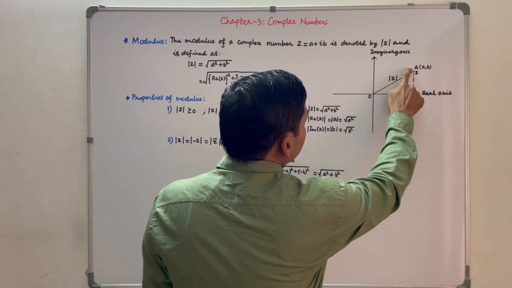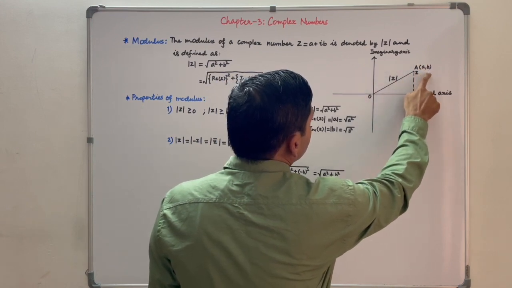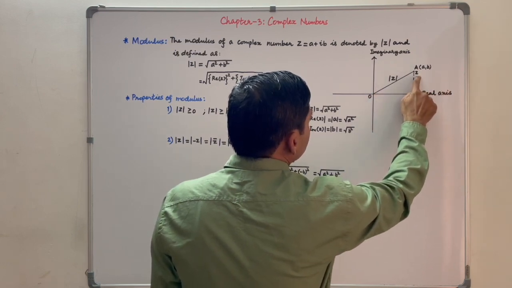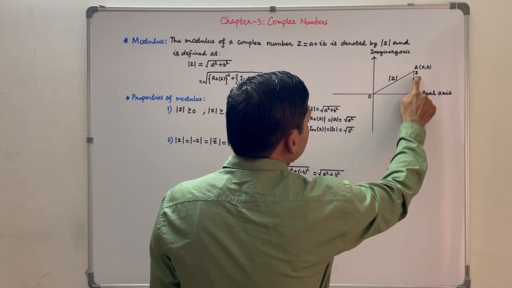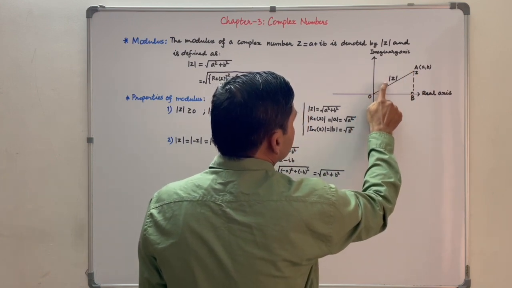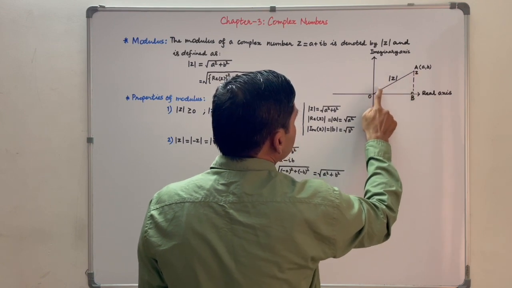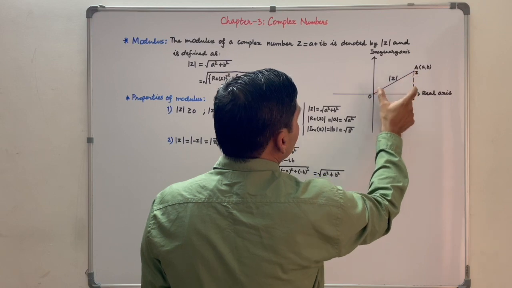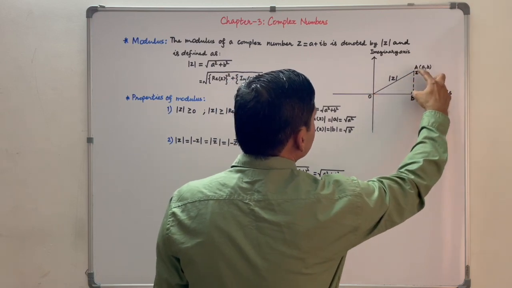Suppose there is a point A in complex plane represented by ordered pair A, B. This is A and this is B. So complex number Z is equal to A plus iB. Distance of point A from origin will be called as mod Z. We can apply Pythagoras theorem in this right angle triangle AOB. So mod Z is equal to under root A square plus B square.